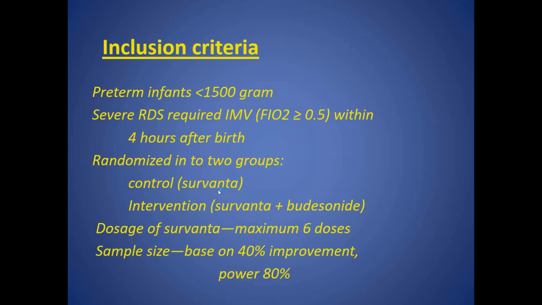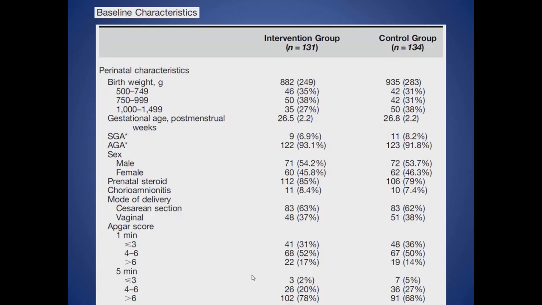This is not a double blind. It's just randomized into two groups. And we give a maximum until the baby can be weaned from the respirator or their oxygen requirement is less than 30% oxygen. And based on 40% improvement and power 80, we calculated the sample size.